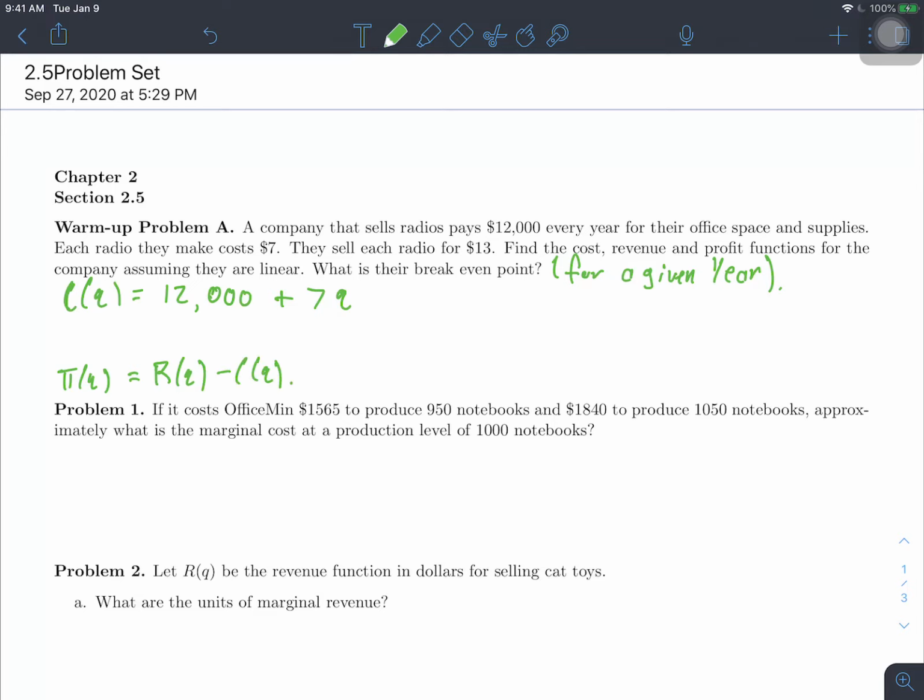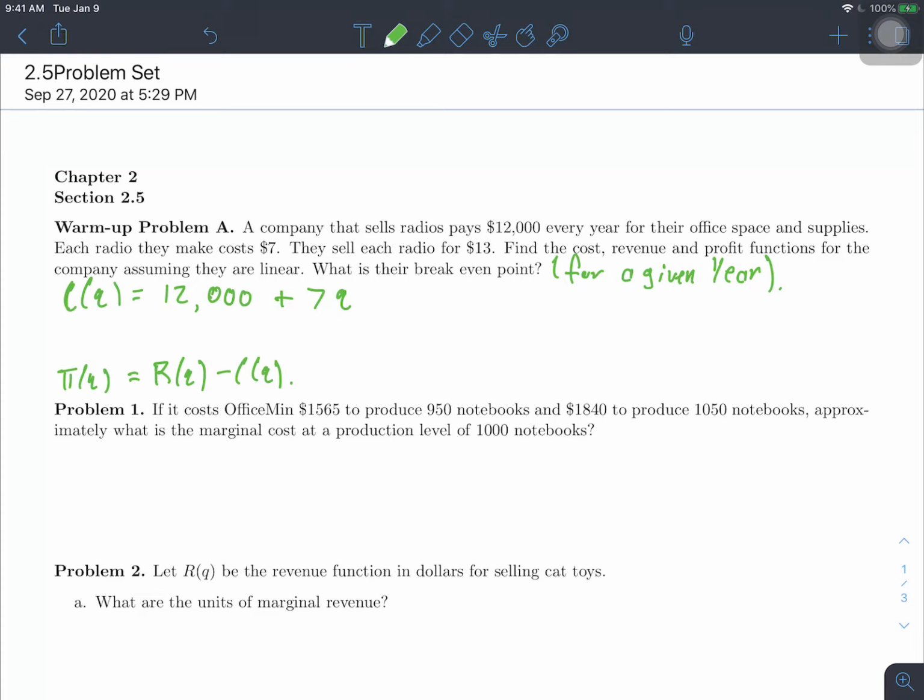Revenue represents the amount of money that we are bringing in. To calculate how much money I made, I need to think about how much I brought in, how much I lost, and find the difference, and that gives me my profit.